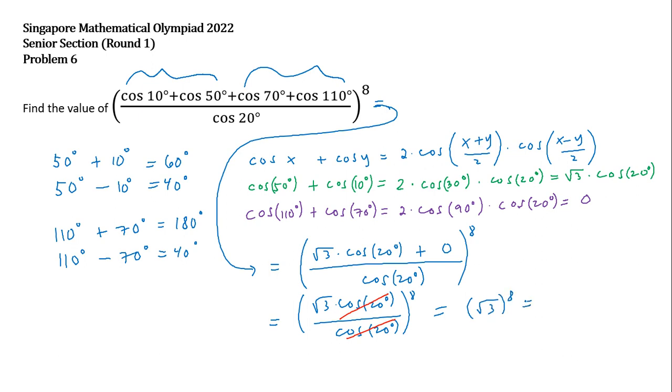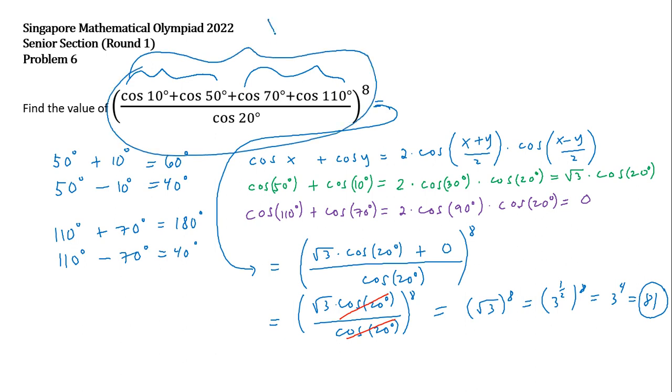Okay, take note that this is the same as 3 raised to 1 half raised to 8. So we actually have 3 raised to 4, which is equal to 81. Okay, so the value of this entire expression is 81, and this is our final answer.